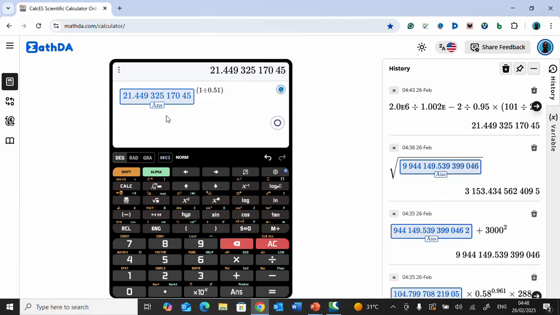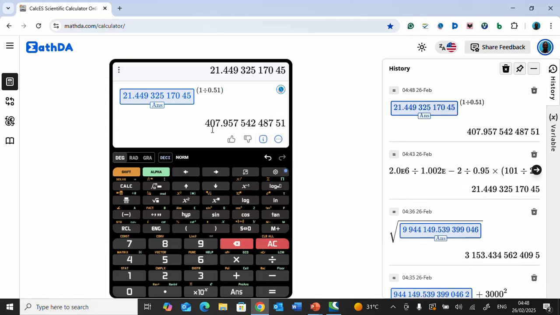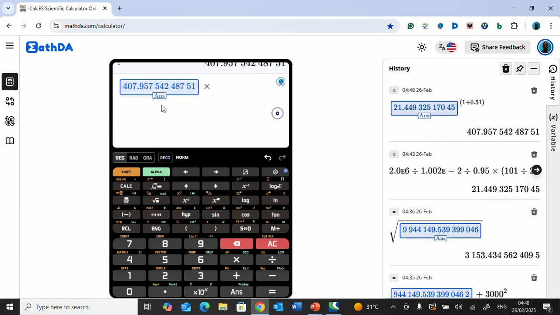So we have 400 and something times the whole of this times 0.58 raised to power 0.961 times 288 times 50 times 0.88. So this will be equal to what?